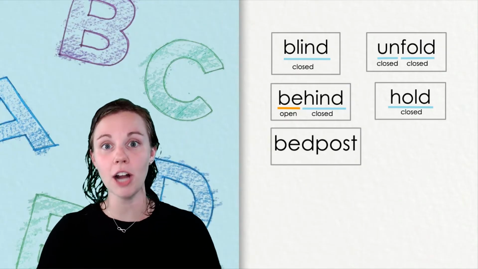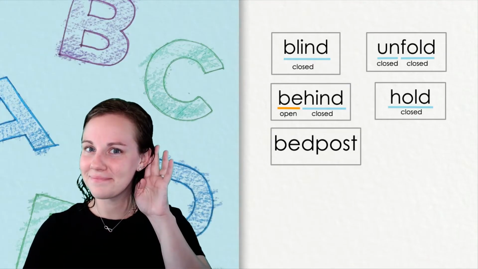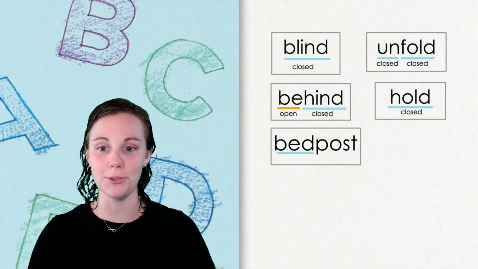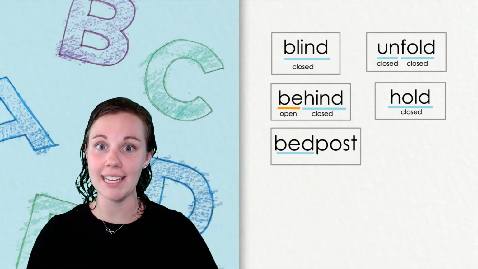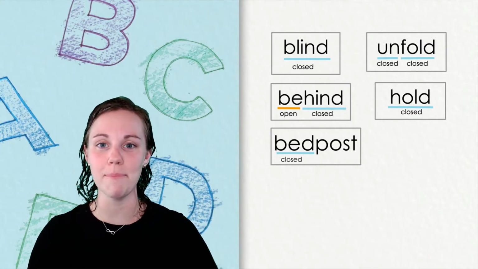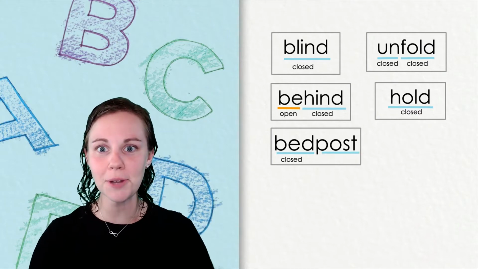What does this longer word say? Yes, it says bedpost. Bed is our first syllable, and it is closed. Great job. Then we have post. What pattern do you notice?